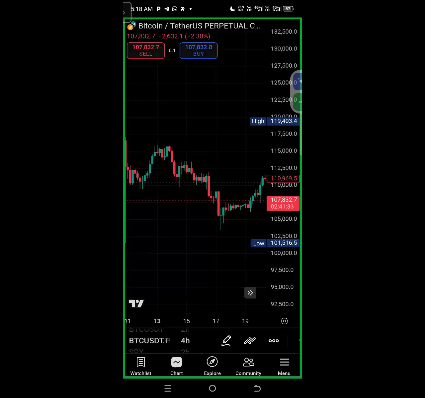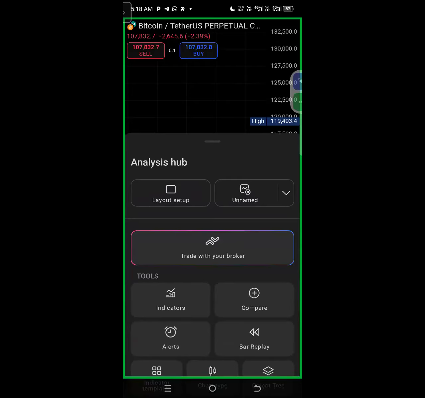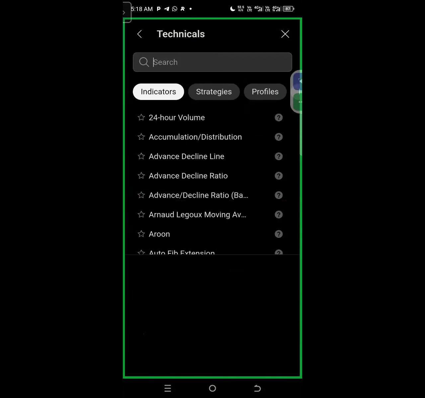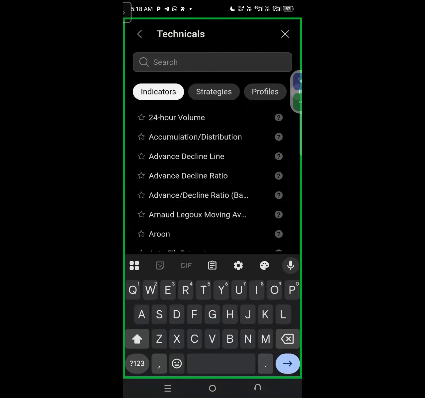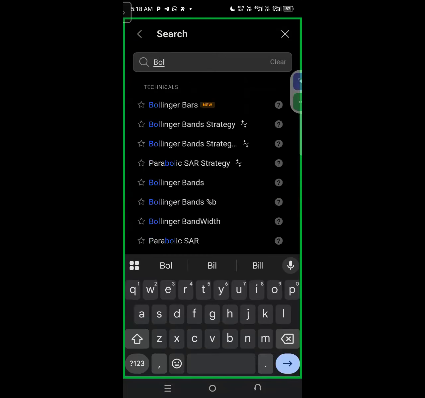Though God permitting, tomorrow that is what we'll be doing, so there is no need to be worried about that. The Bollinger Band.